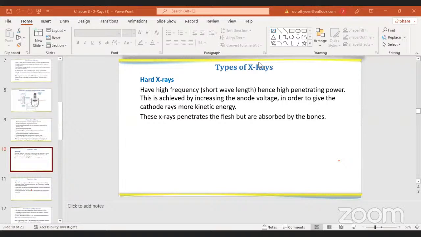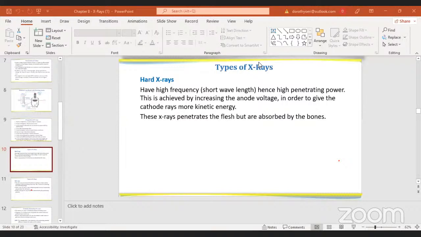Let me repeat. When the accelerating potential between the anode and the cathode is high, that leads to electrons moving with a high velocity, and what you end up with is hard X-rays.